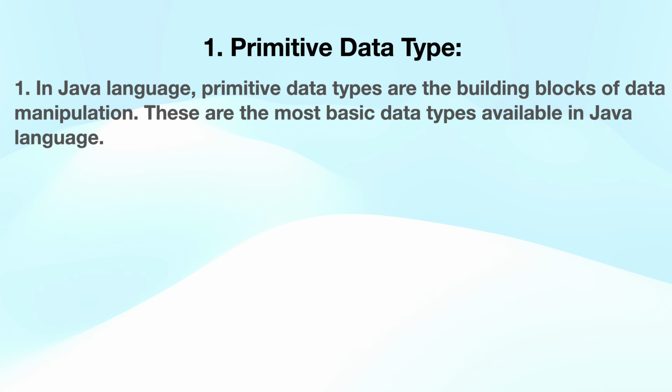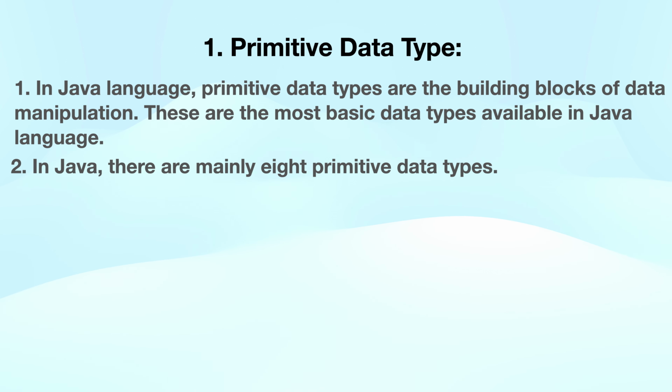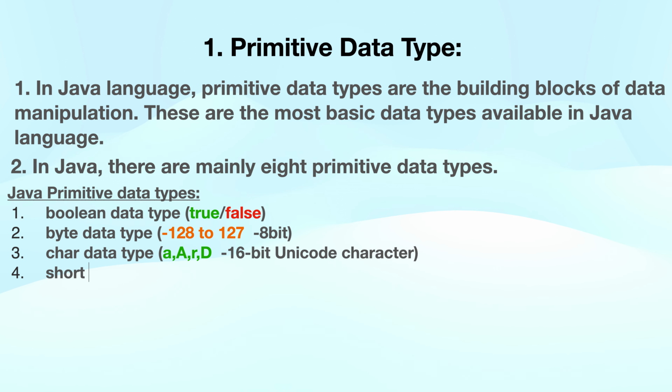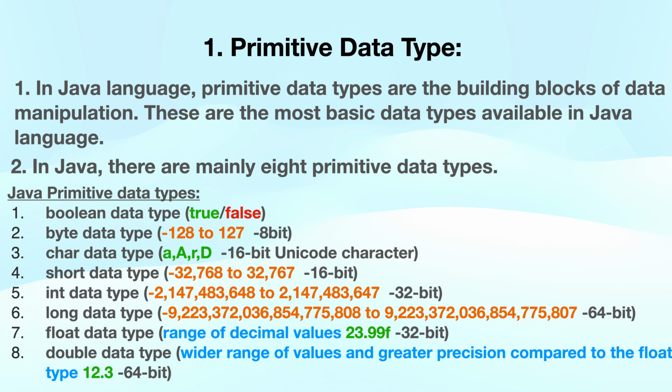These are the most basic data types available in Java. There are mainly 8 primitive data types: boolean, byte, char, short, int, long, float, and double. To talk about boolean, it's just true and false.